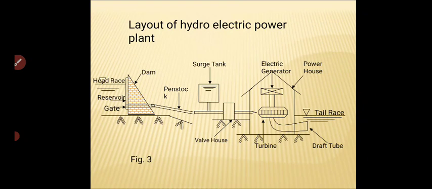These are all the main parts, main elements of a hydroelectric power plant. This systematic diagram is very important.